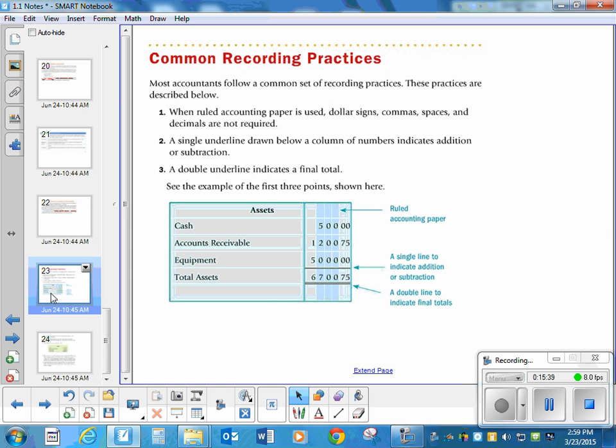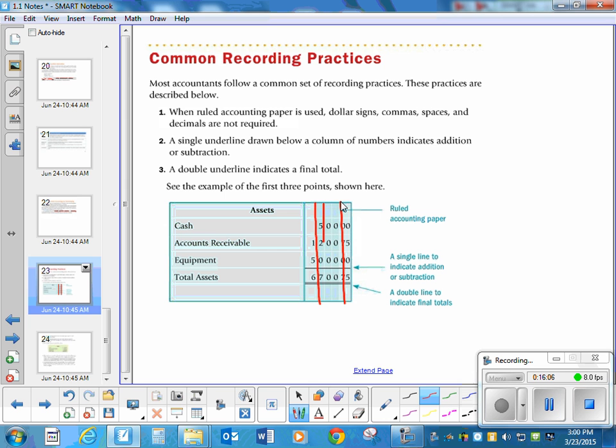Okay, and I talked about this before too, some common practices. Single underline to show that you are adding, double underline to show that everything is accurate and your totals are done. In your workbooks, you're going to be using ruled accounting paper. You can't really see this very well, but this part here is going to be white, I believe, in your book, and this part over here is going to be green.